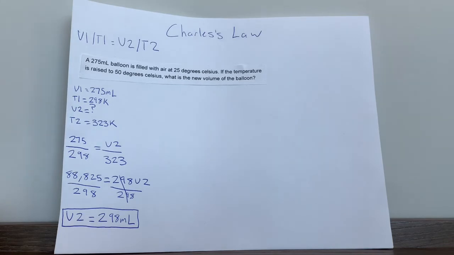Now we can divide both sides by 298, leaving V2 on its own. Now we have 88,825 divided by 298, which is 298. So our final answer for this question is V2 equals 298 milliliters.